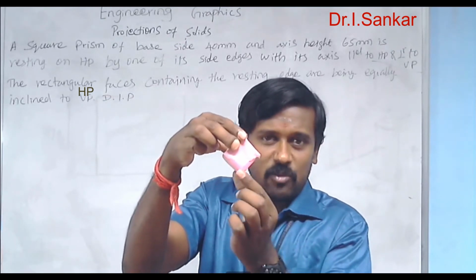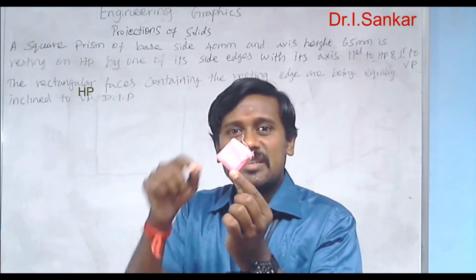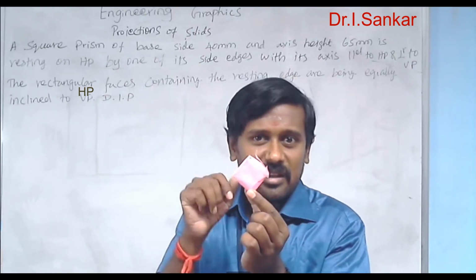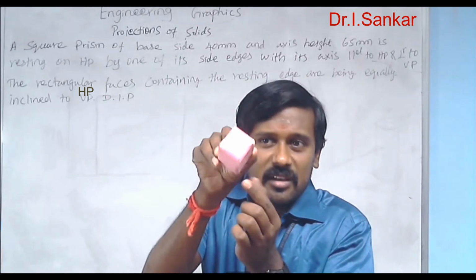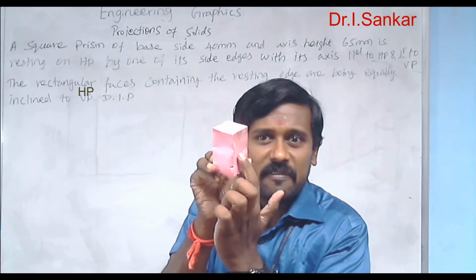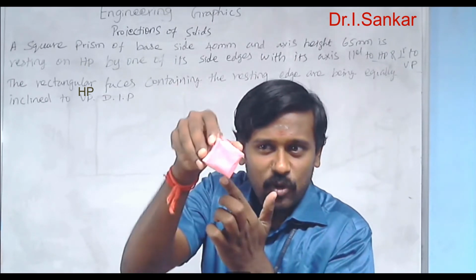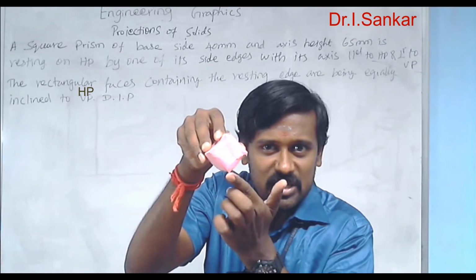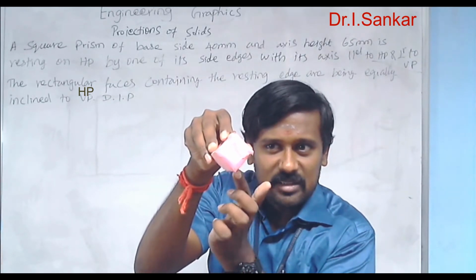Meanwhile, they are talking about the rectangular faces containing the resting edge. Which rectangular faces can you consider? This one and that one. These two are the rectangular faces containing the resting edge.